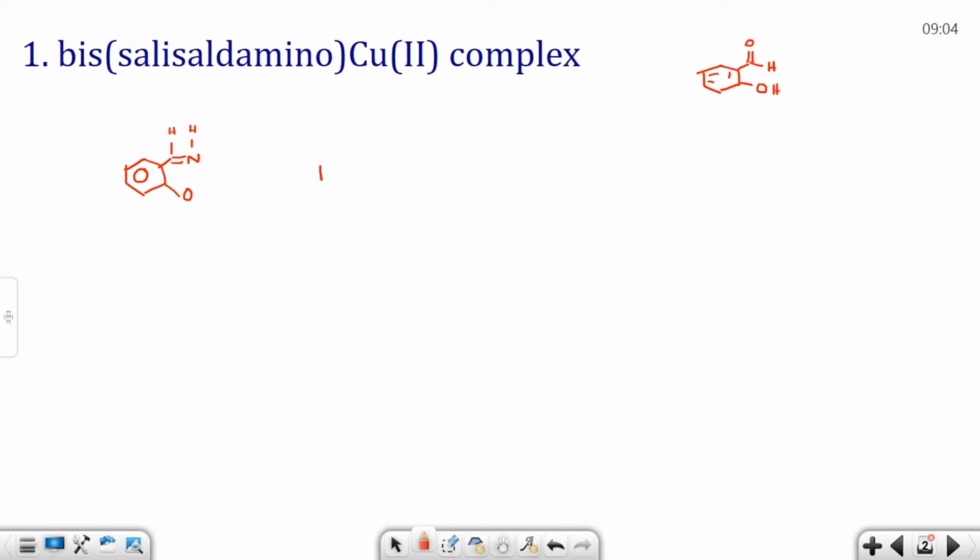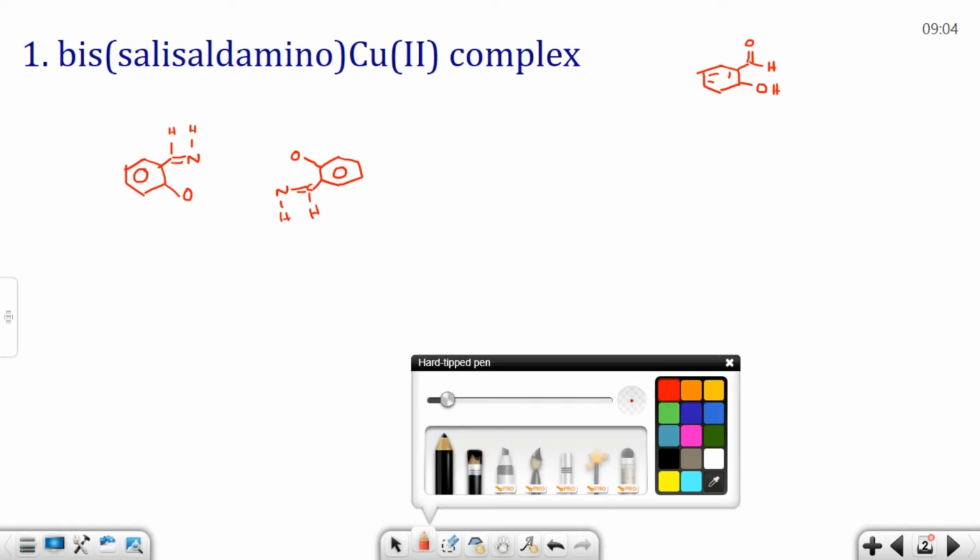Another molecule of salicylaldimino has the phenyl ring, a double bond C=N, hydrogens here, and the ortho-hydroxy group is here. Now the complex has a metal.